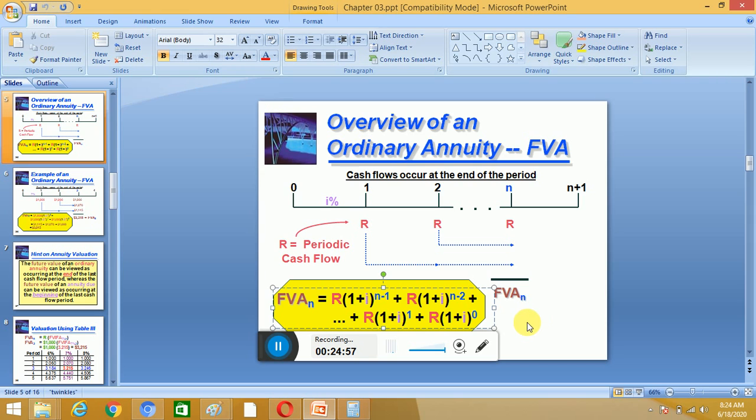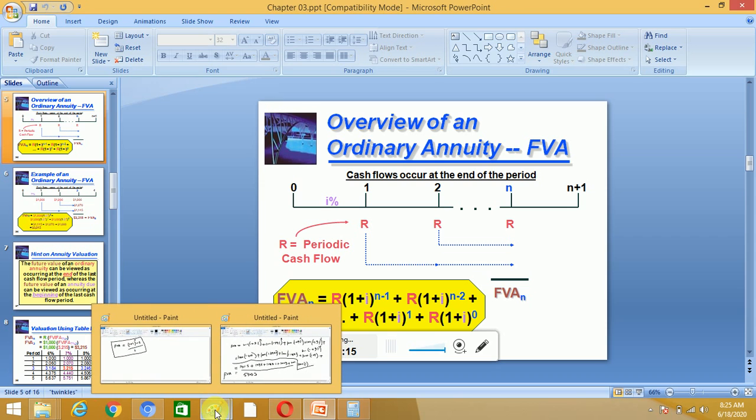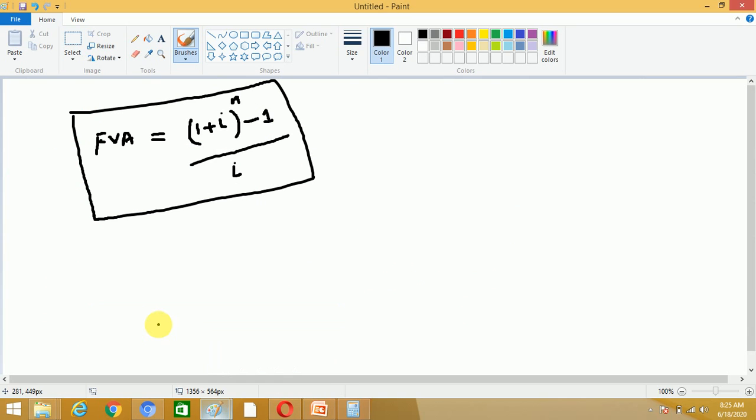If the number of years is 100, you will calculate these things 100 times. So for simplicity, we used this formula.